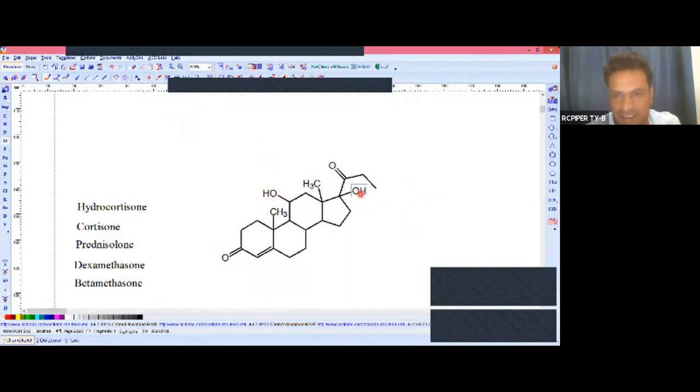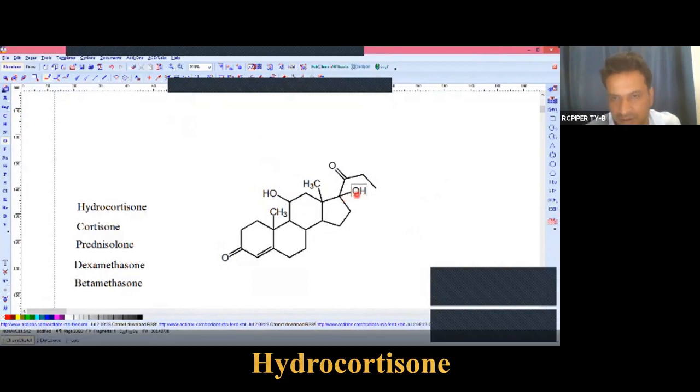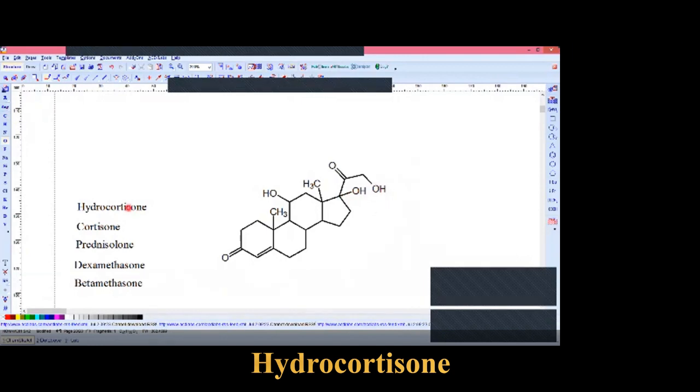This is the C17 hydroxyl group. It is present on an alpha bond. And this is the C21 hydroxyl. So this is hydrocortisone.